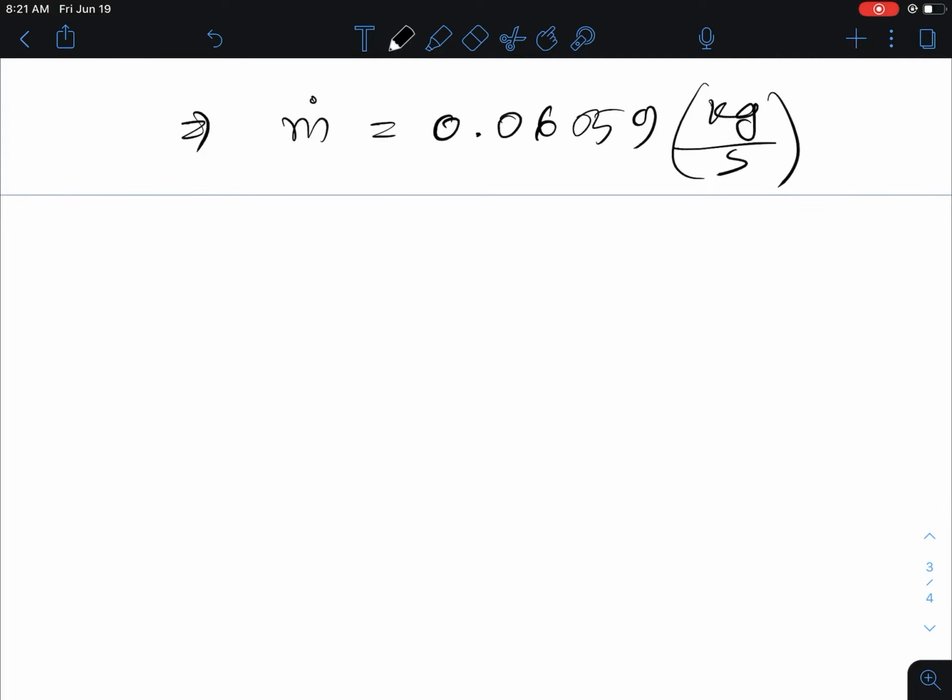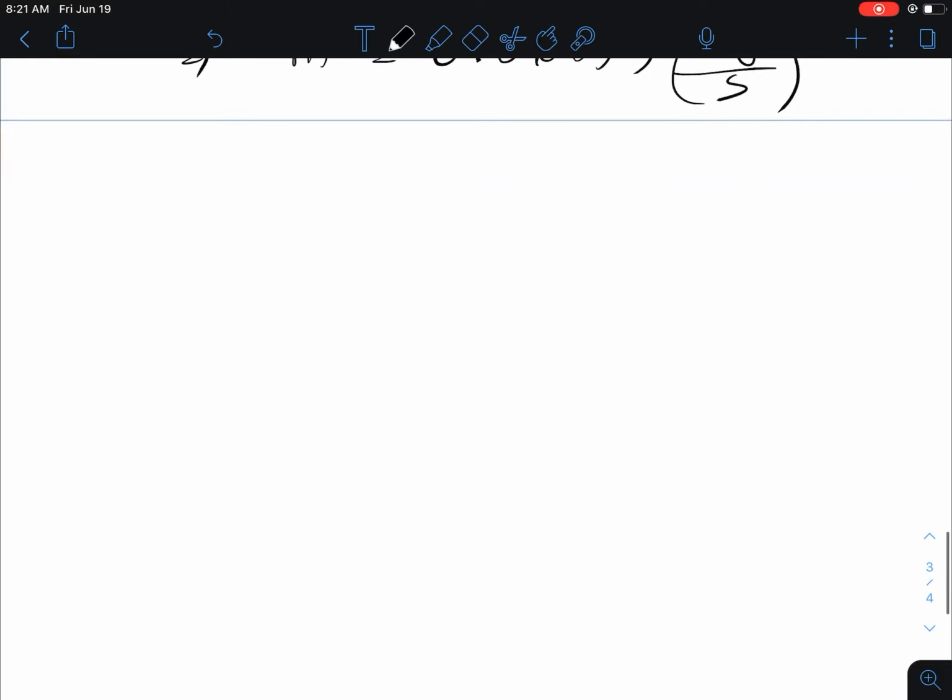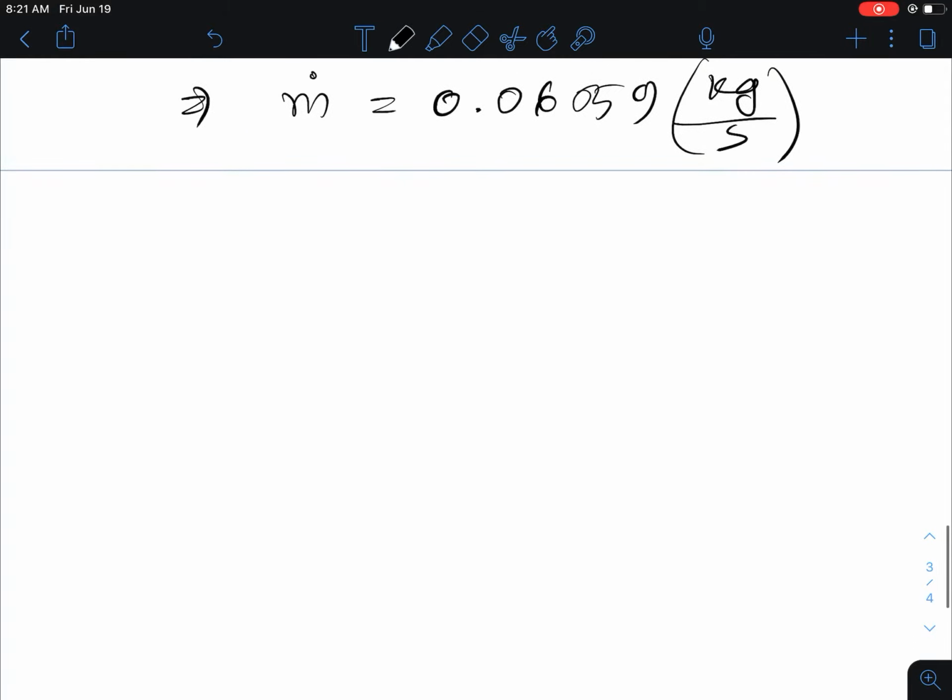Now the only inlet and outlet exit, the mass is constant because it's a steady flow. So if the mass flow is constant, then the energy balance equation of that system equals energy in minus energy out equals total change of energy of that system.